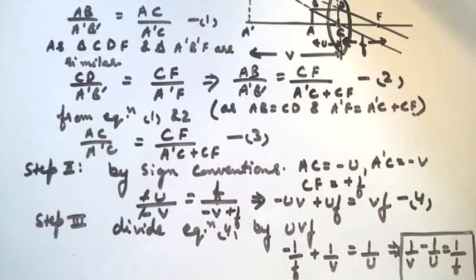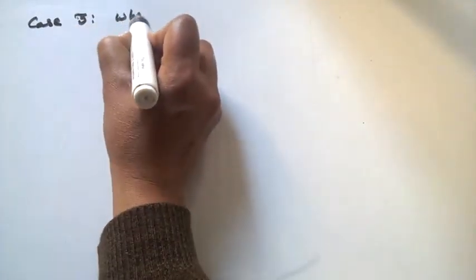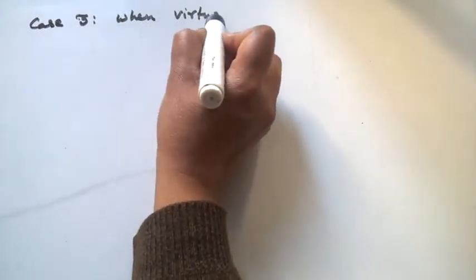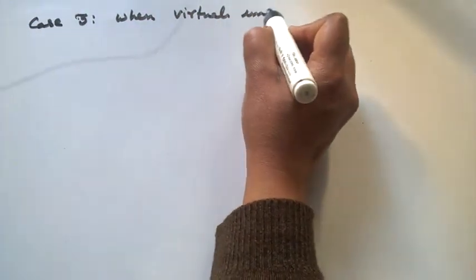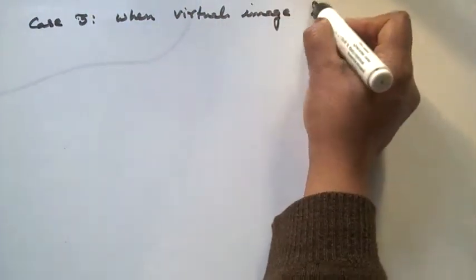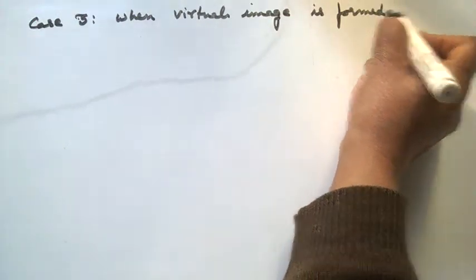In the same way, derive lens formula for concave lens. Image, or we can write virtual image, is formed, third case, when virtual and erect image is formed by concave lens.